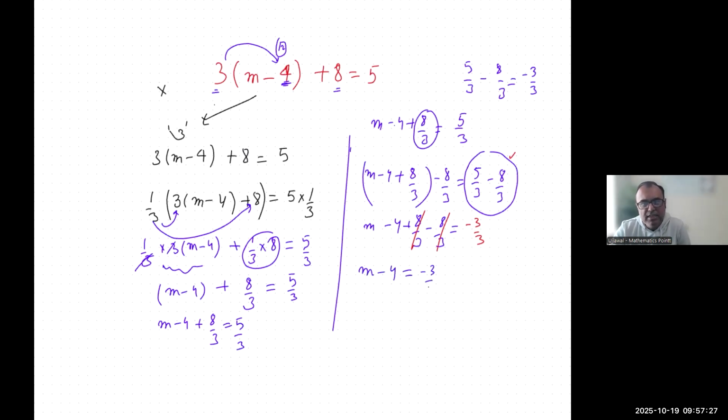But hang on, what is negative 3 on 3? Is it not minus 1? 3 divided by 3 is 1. So now I have m minus 4 equals to negative 1. Yes or no?